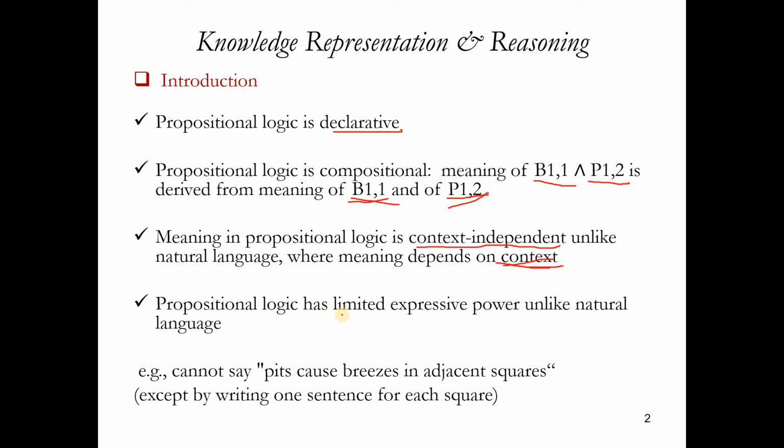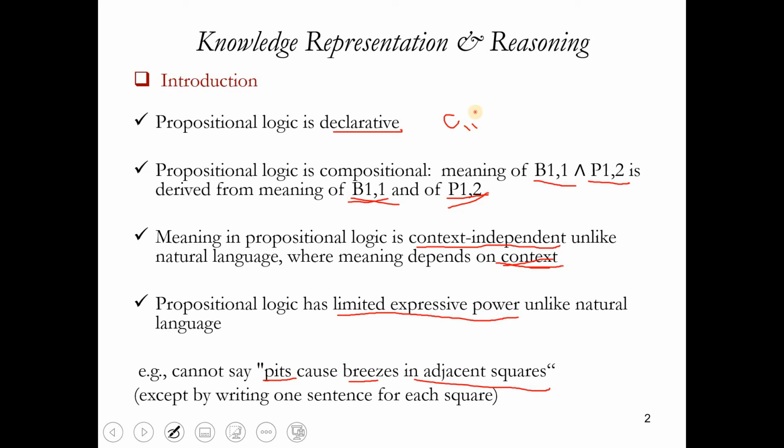So propositional logic overall has limited expressive power because you cannot say something like pits cause breezes in adjacent squares. It's very difficult to say. Or if you want to say that all the cells of Wumpus world are free of pits, there are no pits. So I gave you an example. You will do it like this. You will write the names of all the cells.